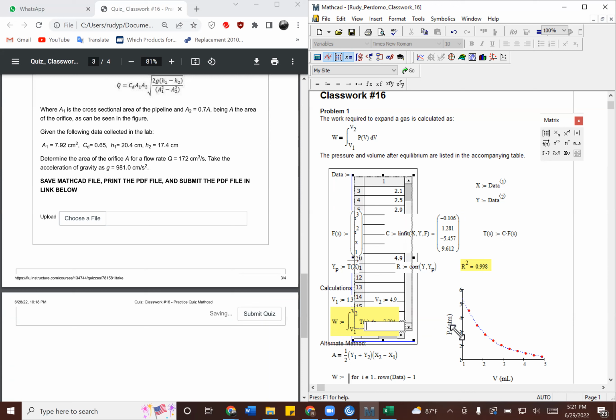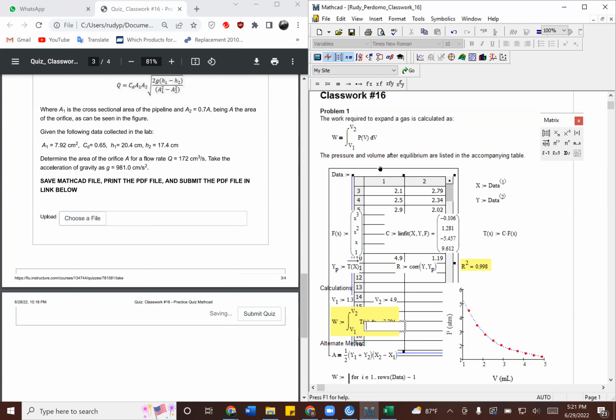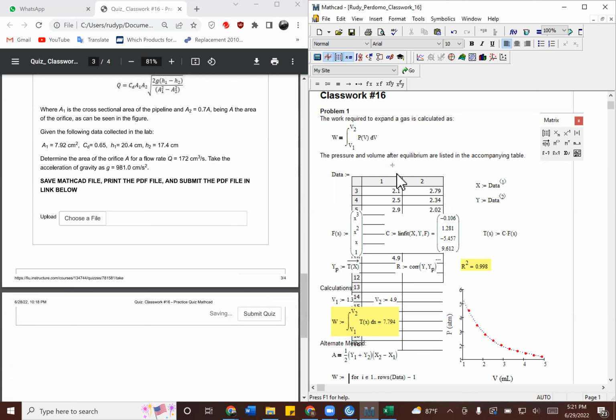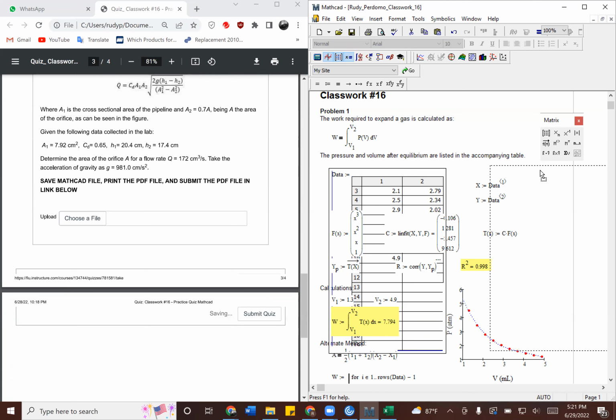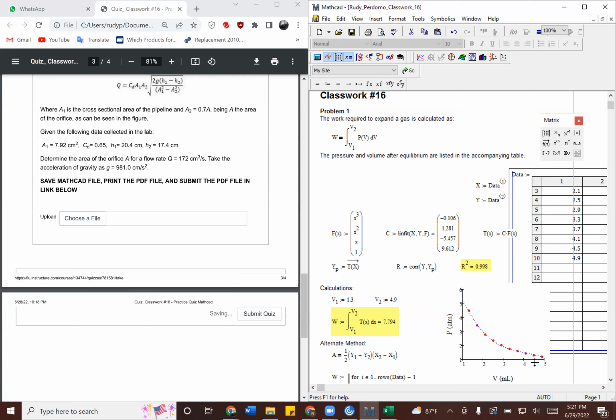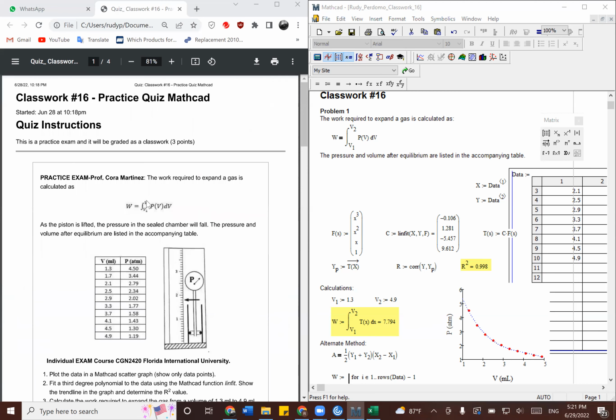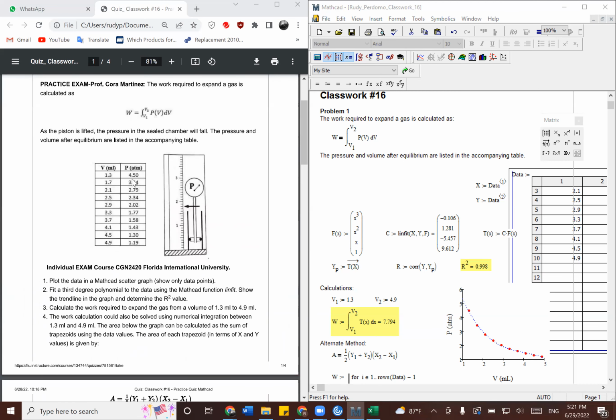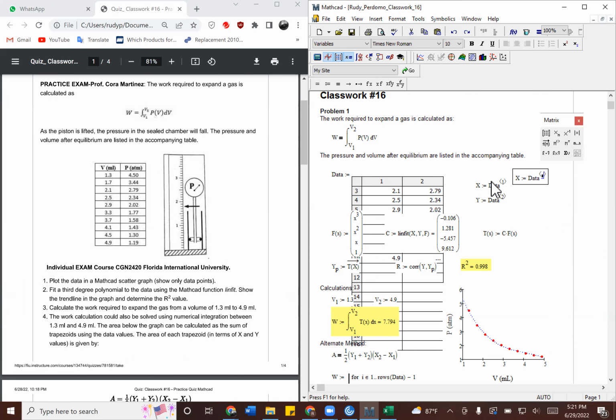Wait, hold up. 2.34. Maybe that's why. Let me see, so it's 3.44, not 2.44 for the second. Yeah, that one. That's why it's off, maybe.